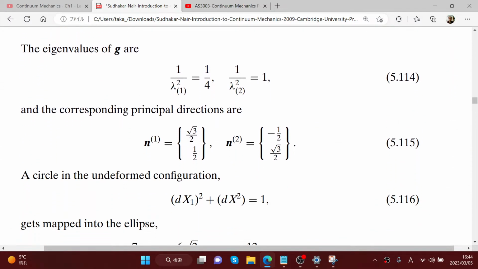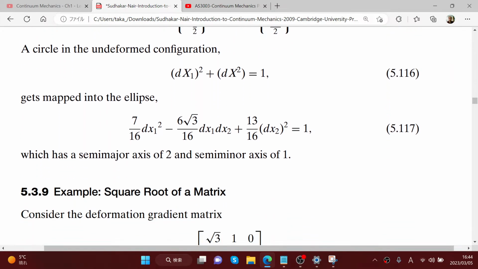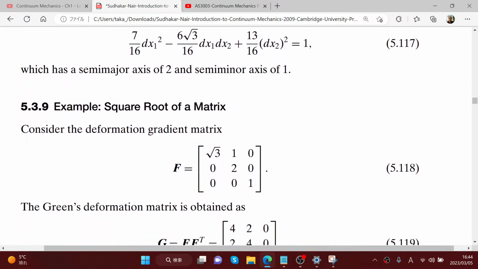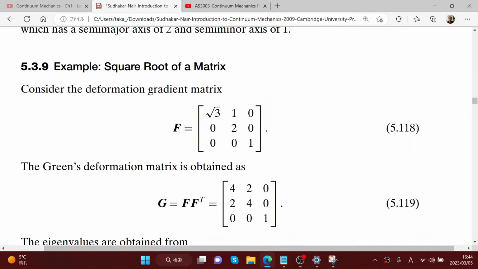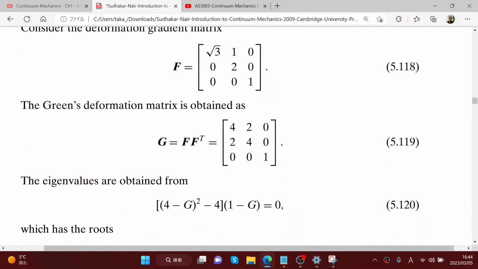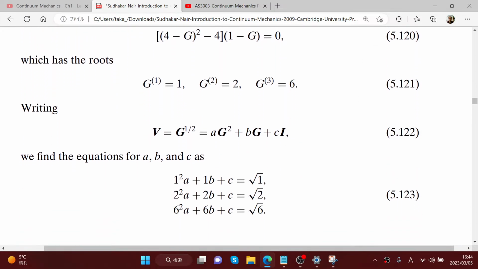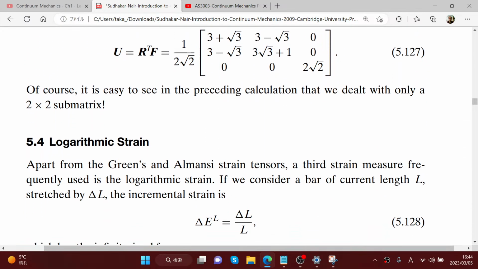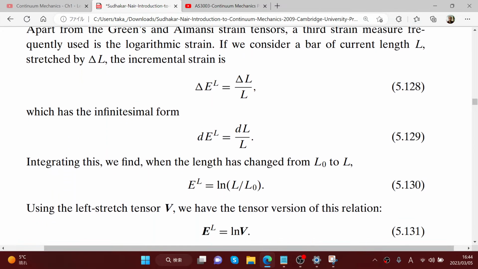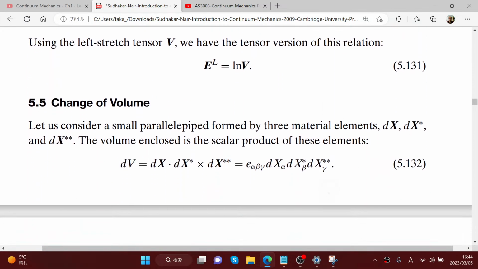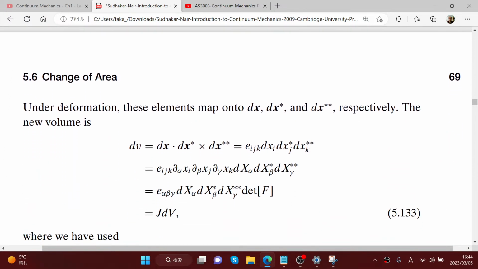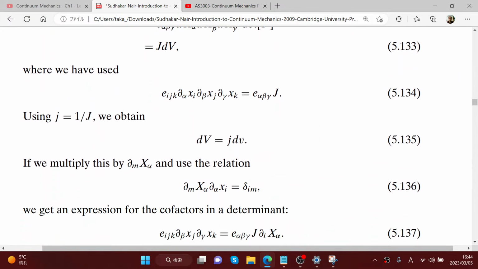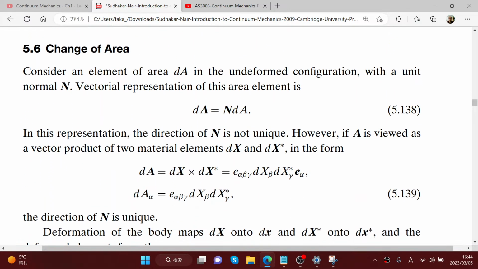Strain tensors. Example, square root of matrix. Logarithmic strain. Change of volume. Change of area.